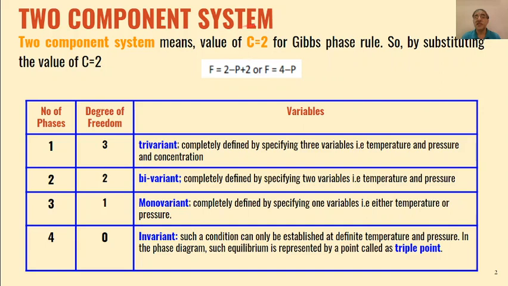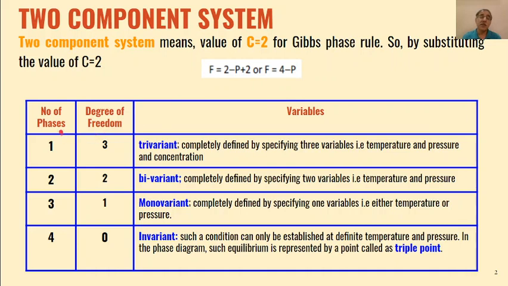The value of C will be equal to 2. So if we put the value of components in the Gibbs phase rule equation, then the degree of freedom for such a system, by substituting C equal to 2, comes out to be 4 minus P. So depending upon the value of P, we can have the value of degree of freedom for this system.